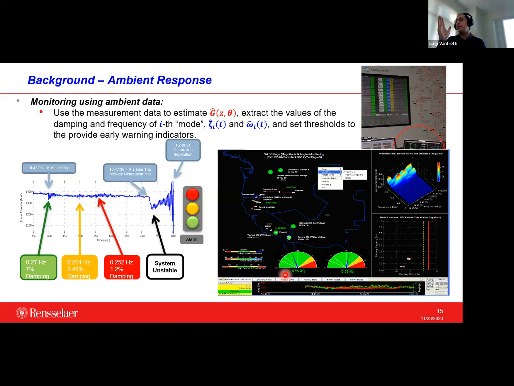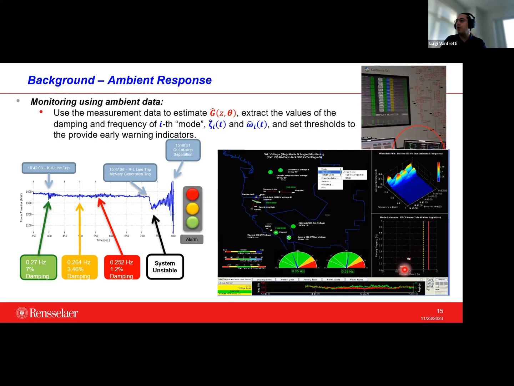It's like a speed meter, but for each mode, you have the damping in green if you're in good shape, yellow, and red. The idea is that as you progress through time and the damping is changing, this will move around, okay? And if you get yellow, you gotta do something about it.